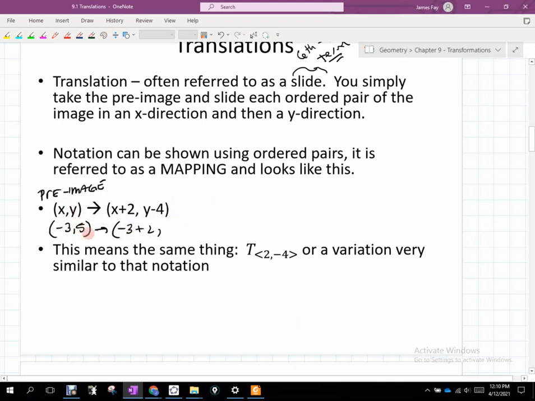And then you take your Y value and subtract 4 from it. Ultimately, -3 plus 2 would be -1, 5 minus 4 would be +1, right? This becomes then your image.